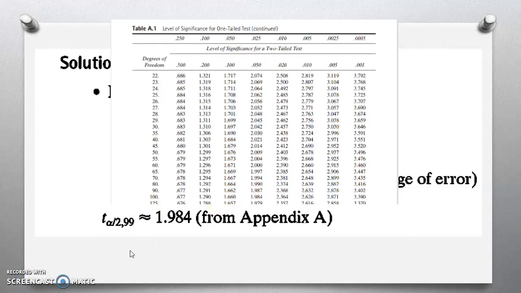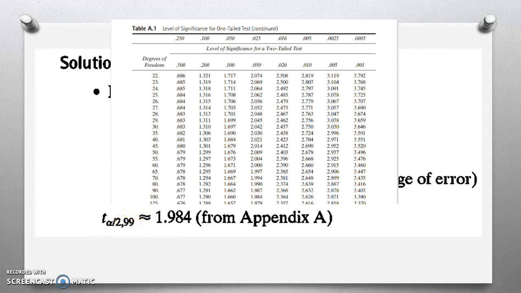Then we have the value for the student distribution, which is equal to 1.984. This value is found in Appendix A. I'll show it here. You can find it by the degrees of freedom, which is 99.